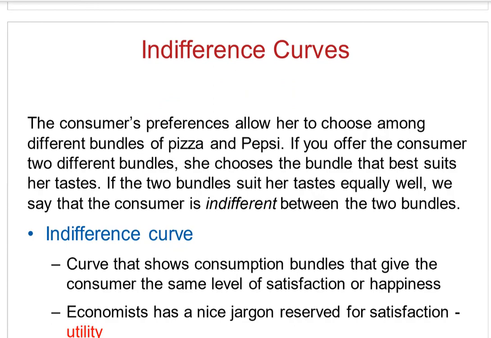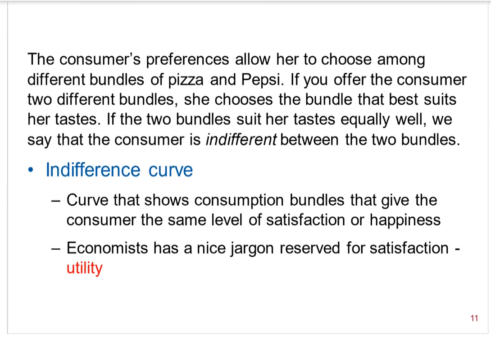What are indifference curves? Basically, indifference curves show us different bundles of goods for which we get exactly the same satisfaction or utility. So maybe there exists this set of bundles that give me exactly the same satisfaction.